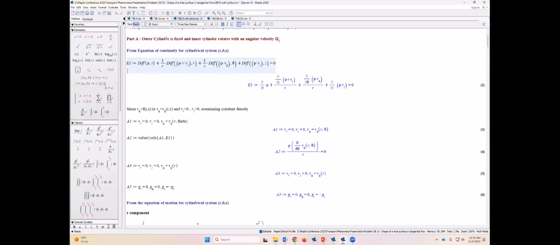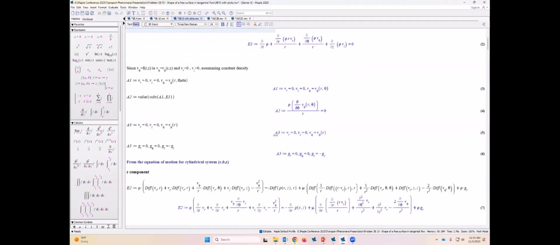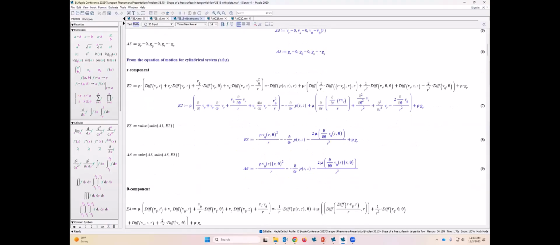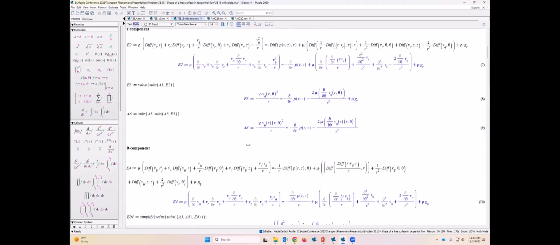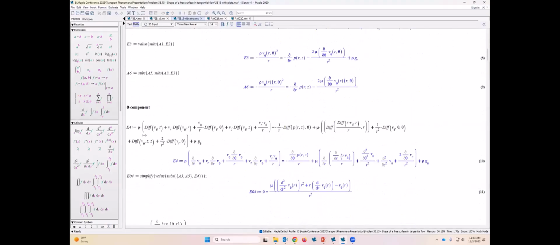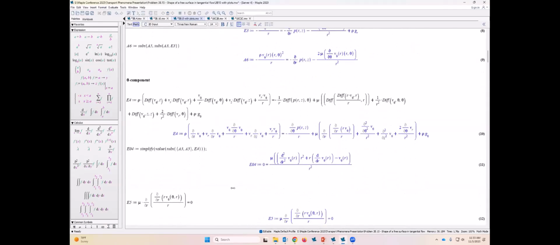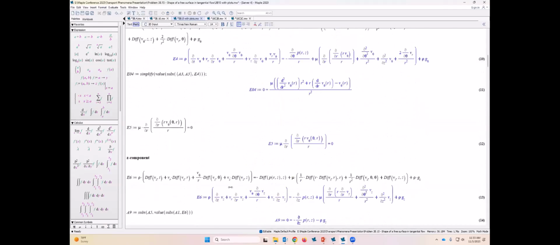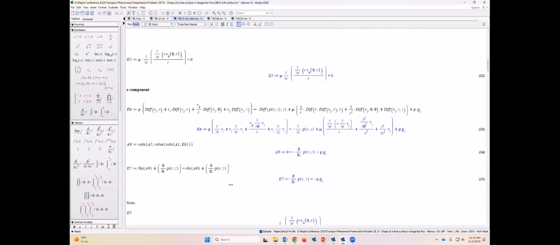This is the problem of a rotating type of system. So we start out with the starting equations, and then by making the required assumptions, we can reduce those down to the required form. And so using the basic commands, we can do that for all the different components of the momentum equation, which are shown over here.